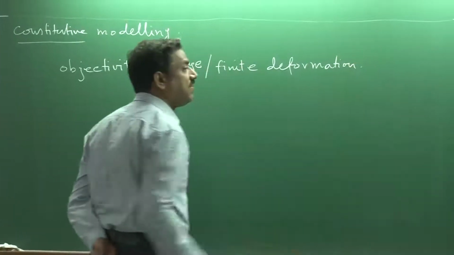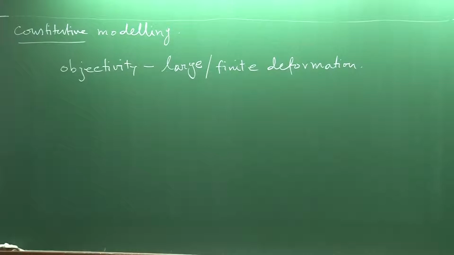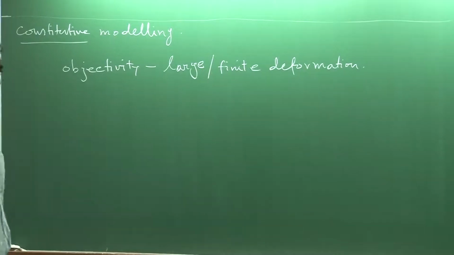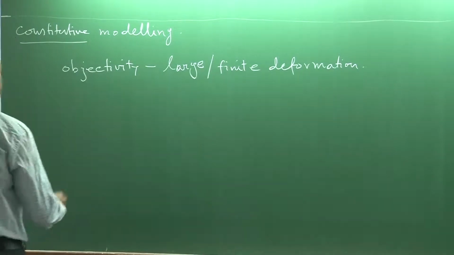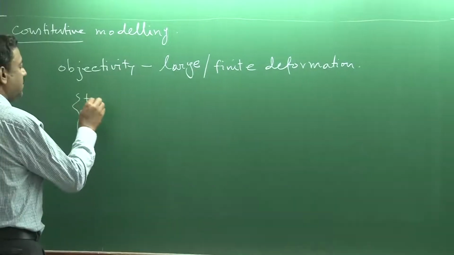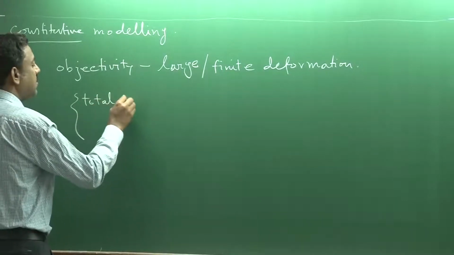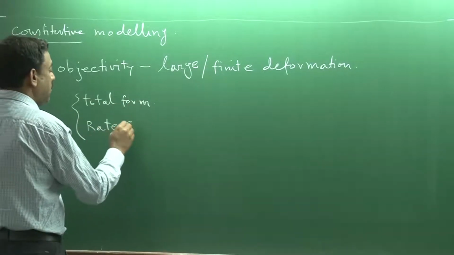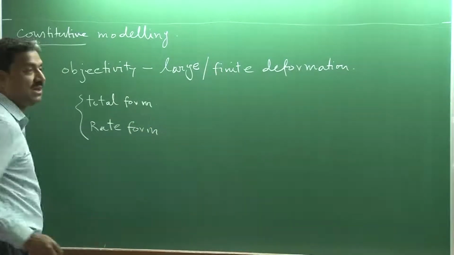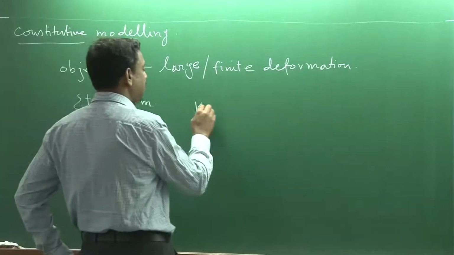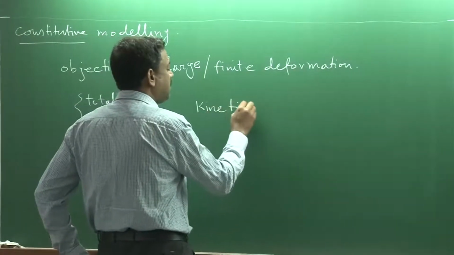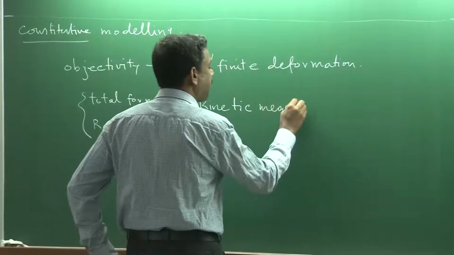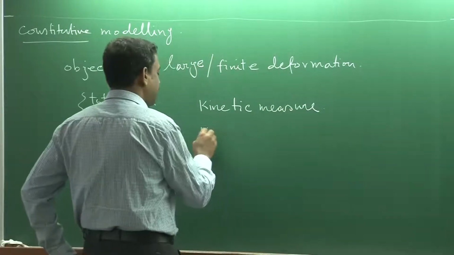And we have seen that quantities can be related in total form or in rate form, right. So, we are basically relating the kinetic measure with the kinematic measure.